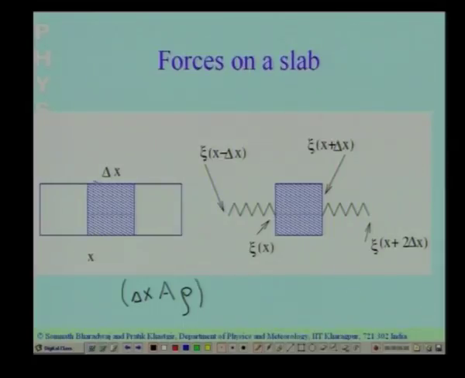Now, each point over here, because of the disturbance, will get deformed. So, the point x will move to a point x plus xi of x, t. Under the disturbance, the mass which was at the point x will move to a different point, where the difference is xi of x, t. Now, what is the acceleration?